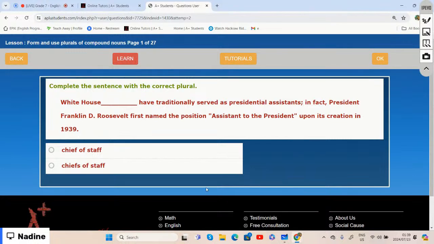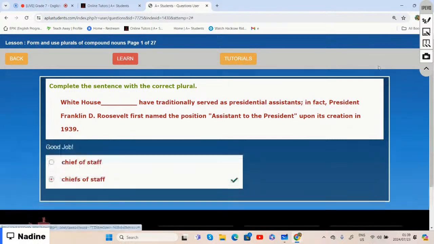All right, and if we were to choose the correct plural form, right, and then we will choose option two, which is chiefs of staff. So beautiful. Well done. Chiefs of staff is correct.